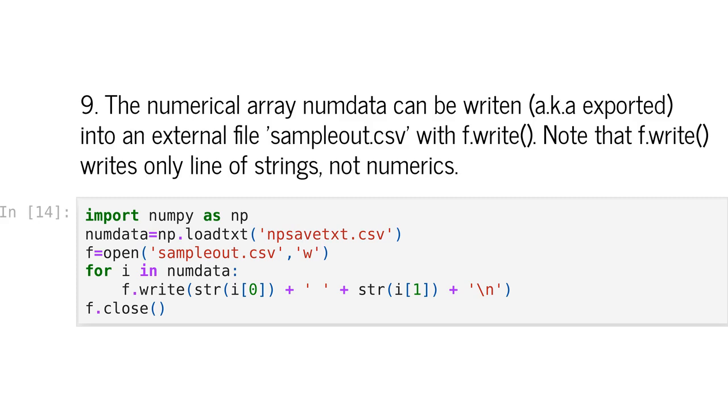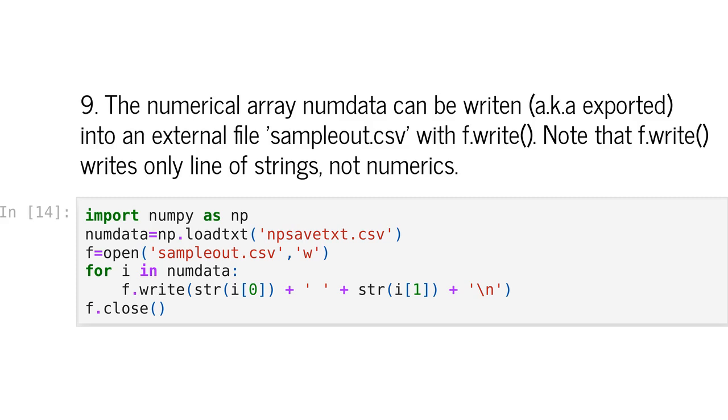Inside the loop, f.write is used to write data to the file. A crucial point here is that f.write only accepts strings. Therefore, each numerical element, e[0] and e[1], must be converted to a string using str before writing. These string representations are concatenated with a space in between, and a newline character, \n, is added at the end to ensure each row from numData appears on a new line in the output file.